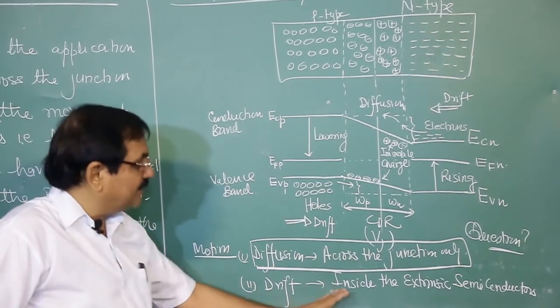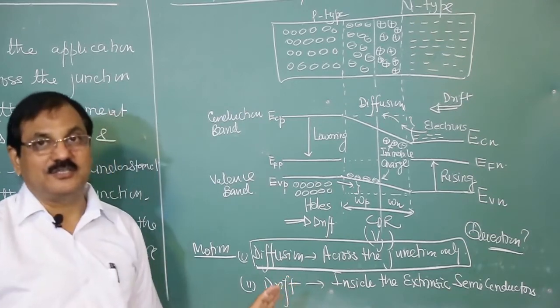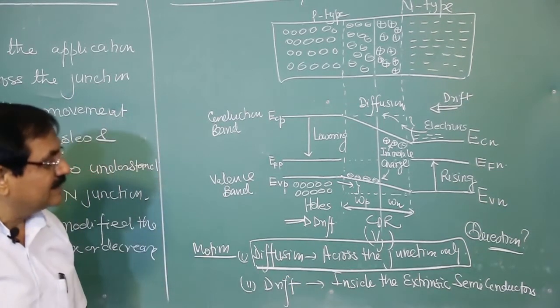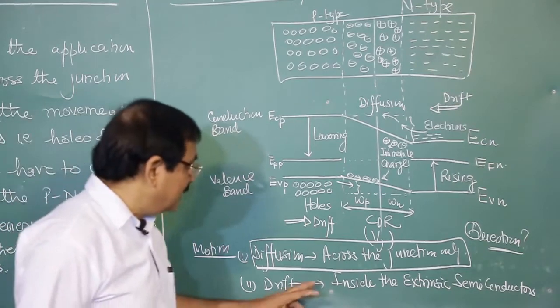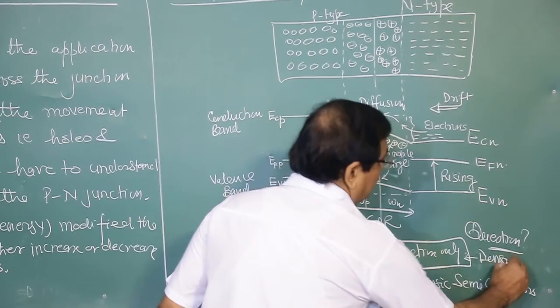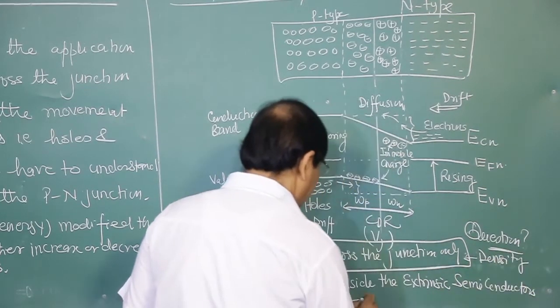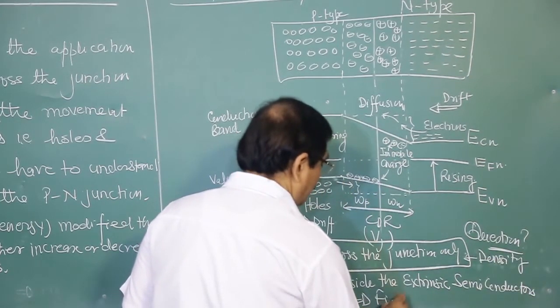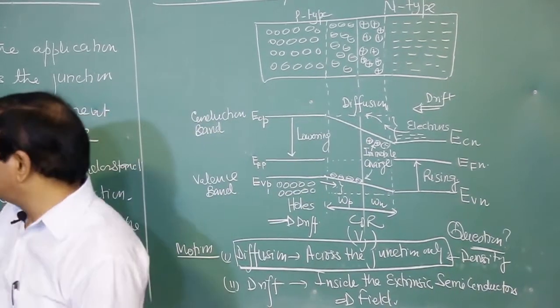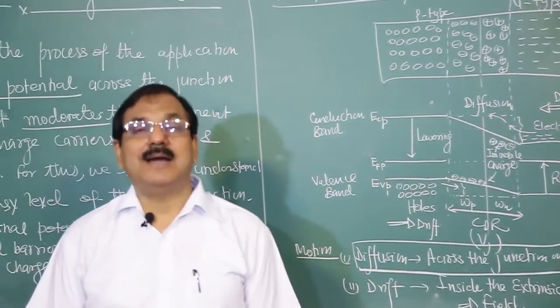Or which kind of charge carrier motion is inside the crystal? Then it is drift, inside the semiconductor. Here it is due to the density, and there due to the field. When there is an external field, then there is a drift motion, and the external field means applying the biasing.